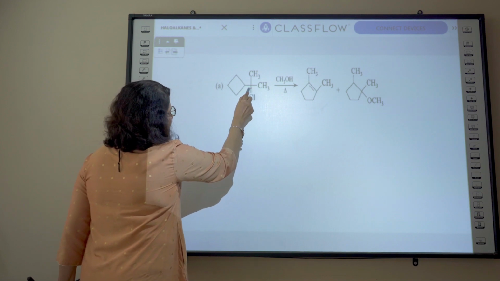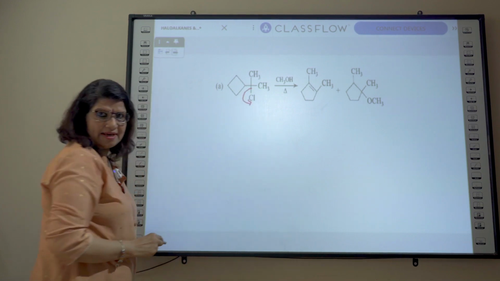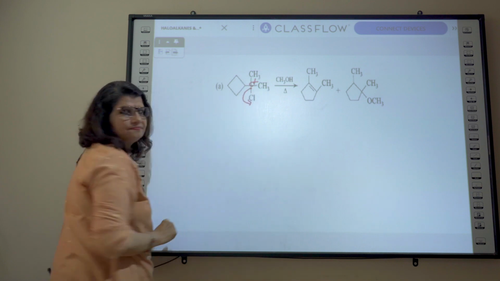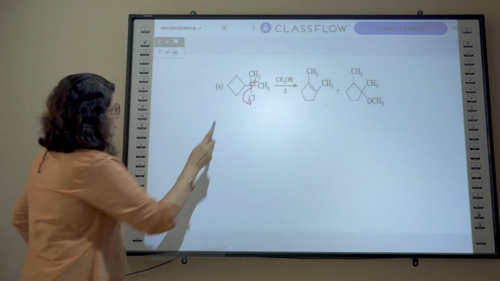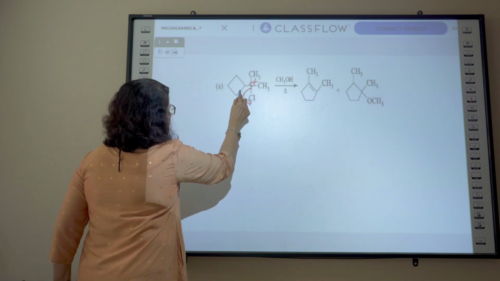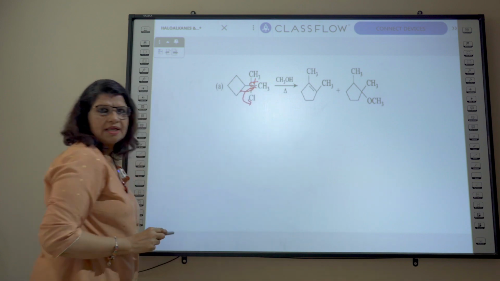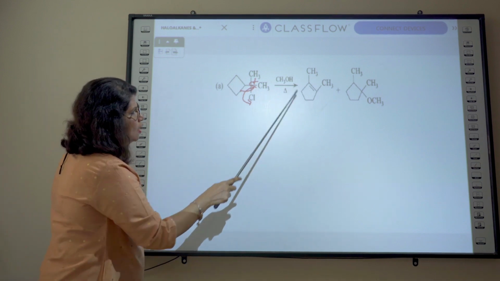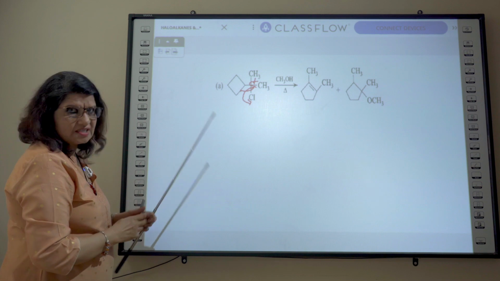First, what happens is this Cl is lost as Cl minus to produce a positive charge on this carbon atom. Okay, ring expansion occurs. This bond will shift to this carbon atom. It has been discussed in detail. So the 4-membered ring gets converted to a 5-membered ring. Maybe let me explain it better.